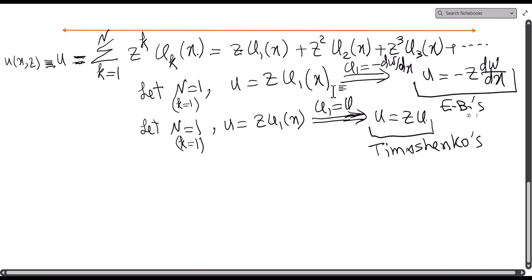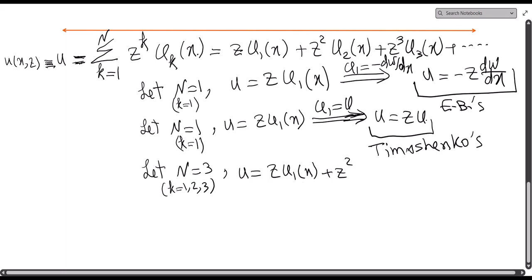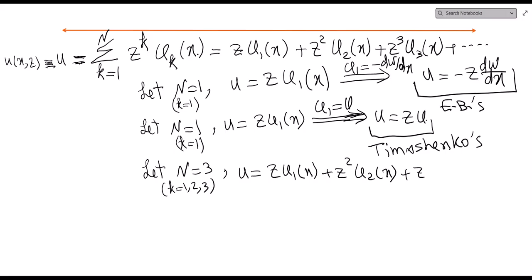Now, if I come and let n equal to 3, or k equal to 1, 2, 3, so k should go from 1 to 3, then I will get u is z phi_1x plus z squared phi_2x plus z cubed phi_3x.